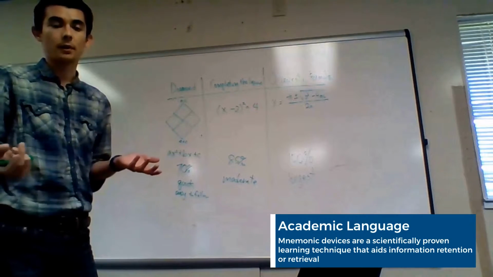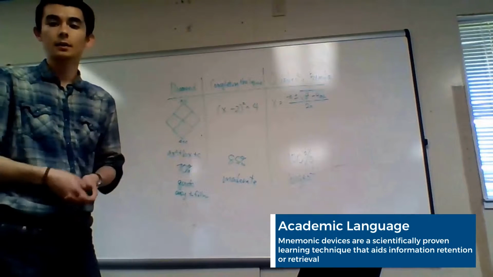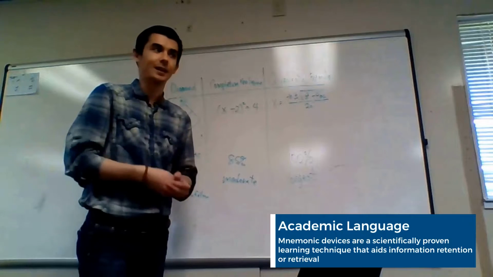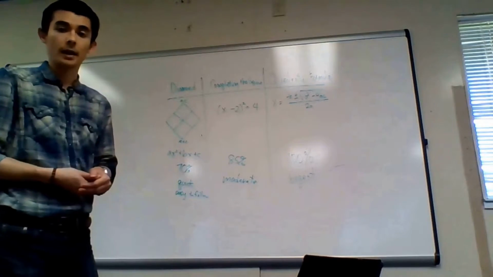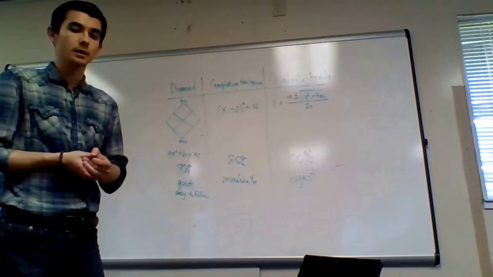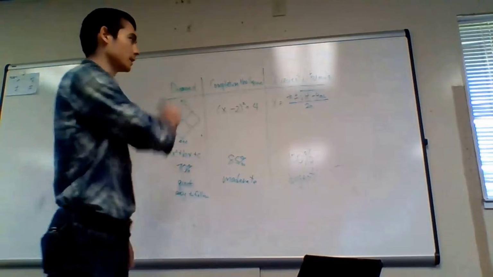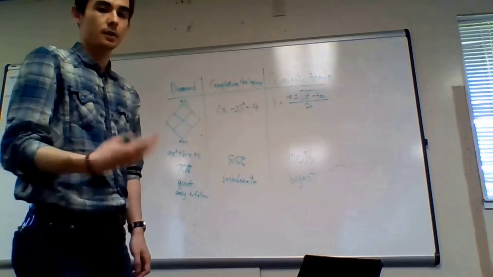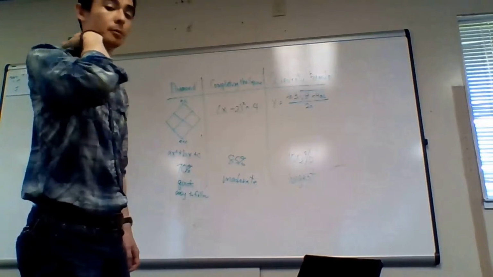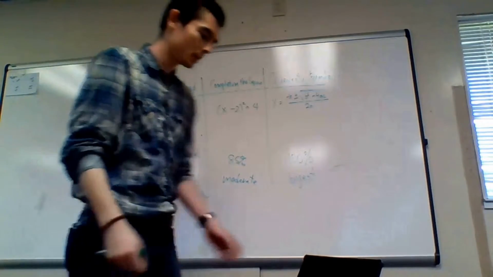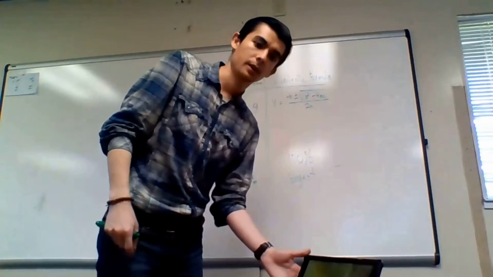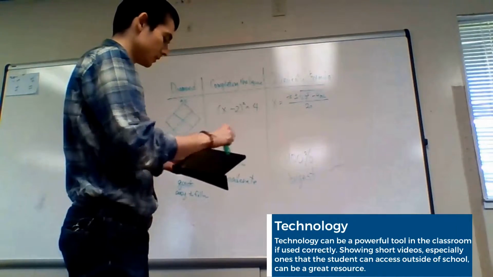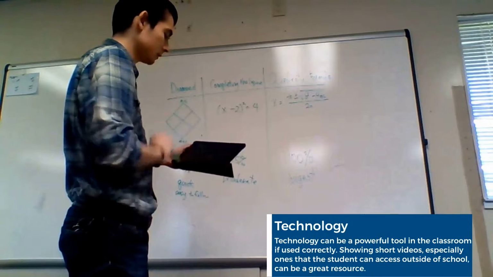For example, I'm sure a lot of us can hum the tune for the McDonald's commercial and say the slogan right after, because songs are a little bit easier for us to remember. So by singing a song to help us remember the quadratic formula, it should help you memorize it a little bit better.